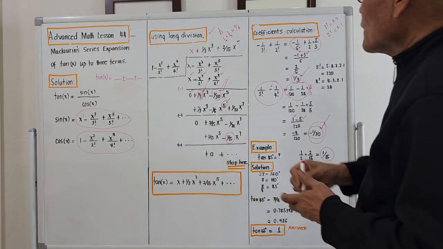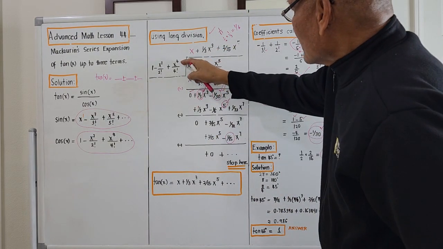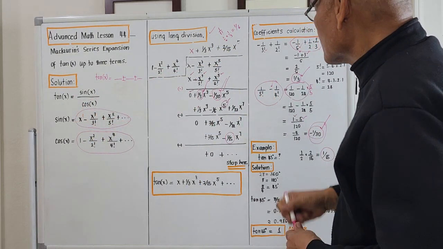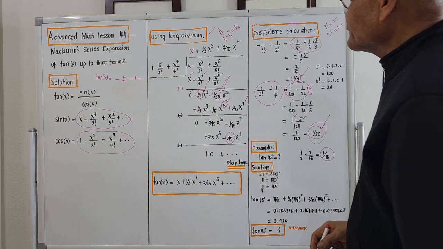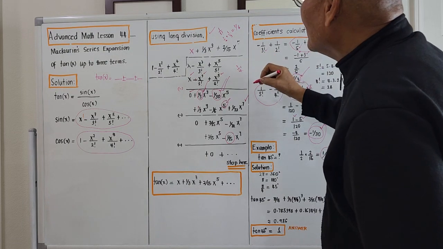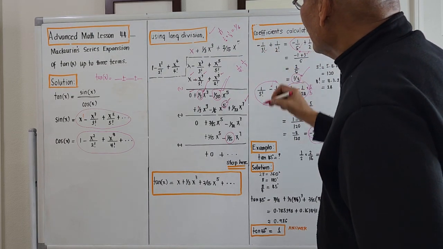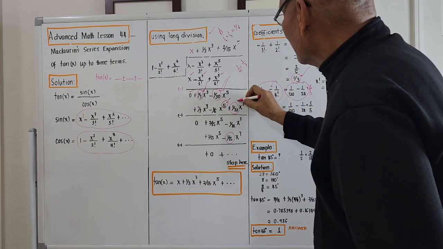The next one, 1/3 x cubed times x to the 4th over 4 factorial. x to the 4th times x to the third power, we will use laws of exponents. So it will be x to the 7, right? And what will be the coefficient? 1 over 4 factorial times 1/3. So what will come out will be 1 over 72.